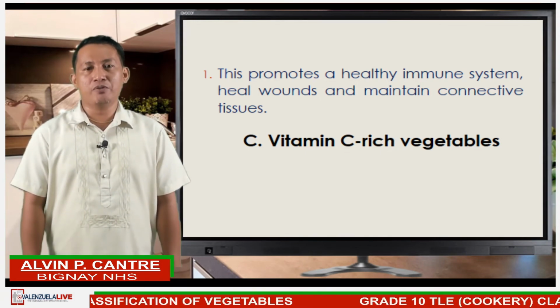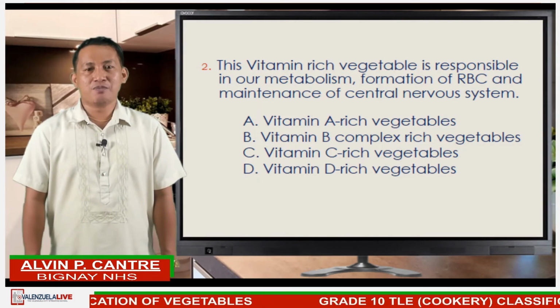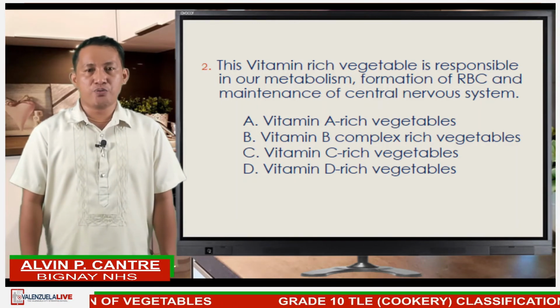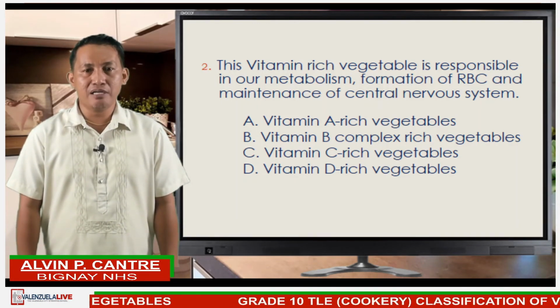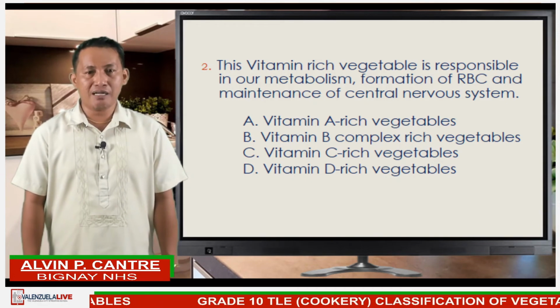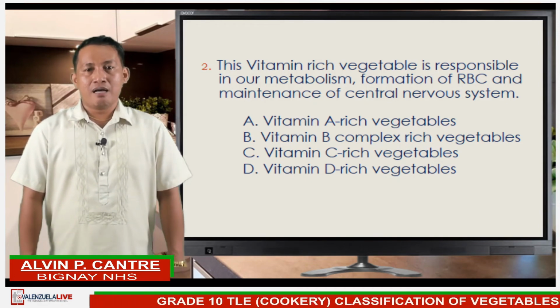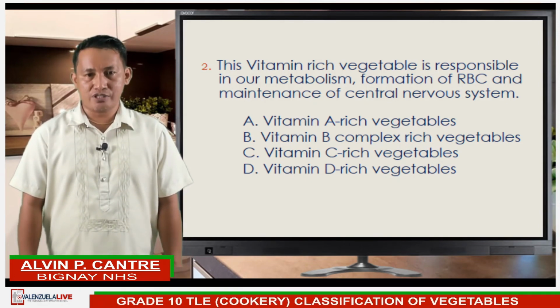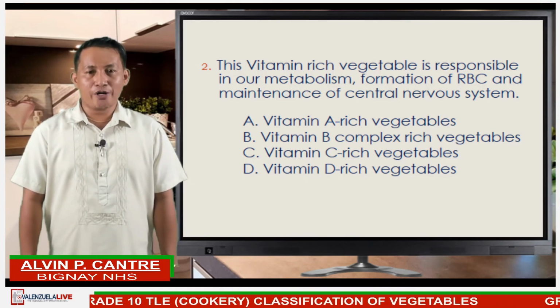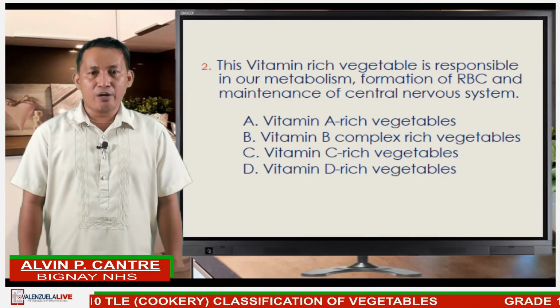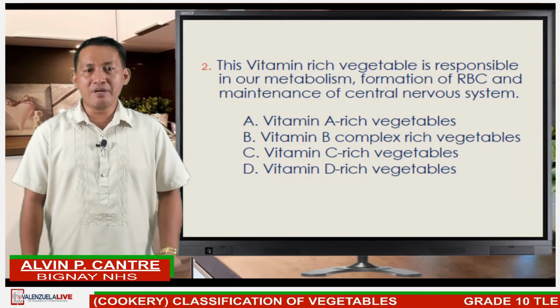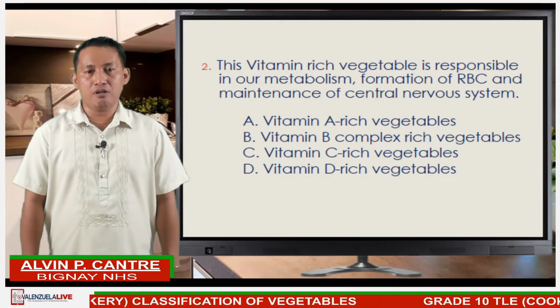Let's move to number 2. This vitamin-rich vegetable is responsible for our metabolism, formation of red blood cells, and maintenance of the central nervous system. Now, choices are the following. A. Vitamin A-rich vegetable. B. Vitamin B complex-rich vegetable.